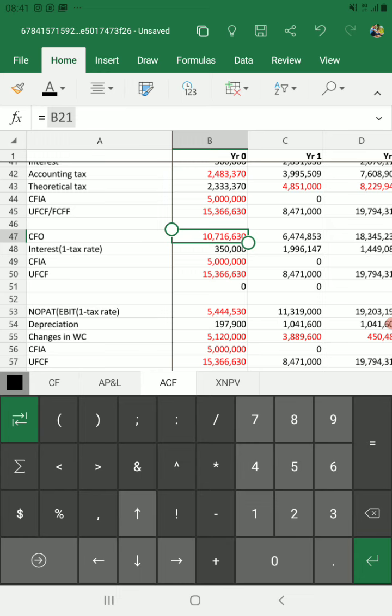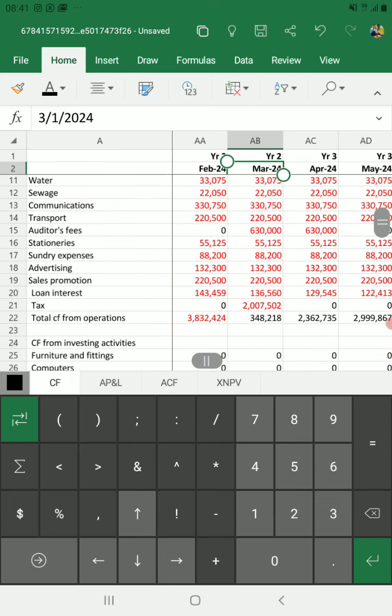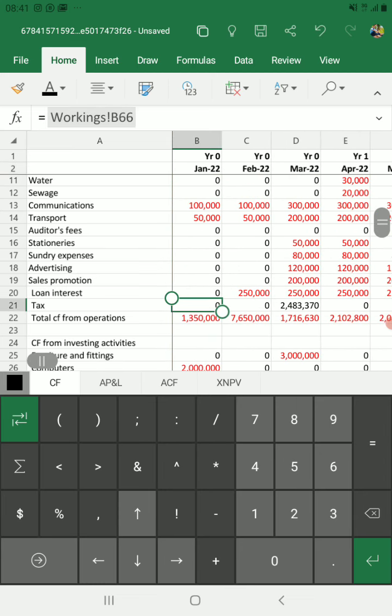So if I go to the cash flow sheet on a monthly basis, on the tax figure here, you will see we have a positive. Tax actually draws cash out of the business, so it needs to be negative, but in this case it is positive.